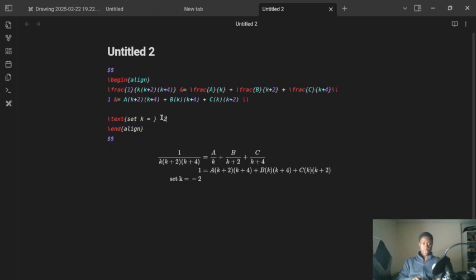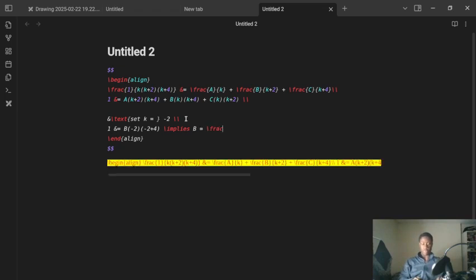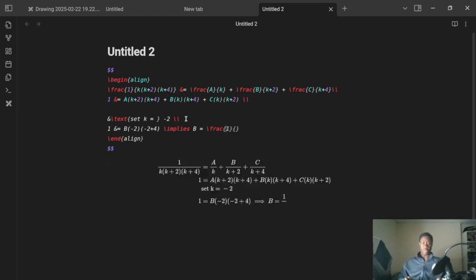Which means that we're going to have 1 equal to B times -2 times 2, which is -4, which implies that B is equal to -1/4.